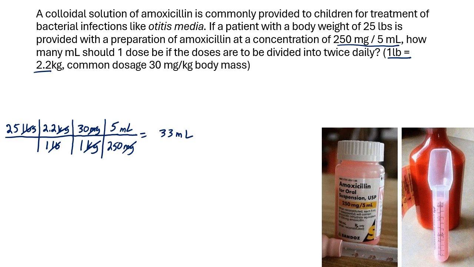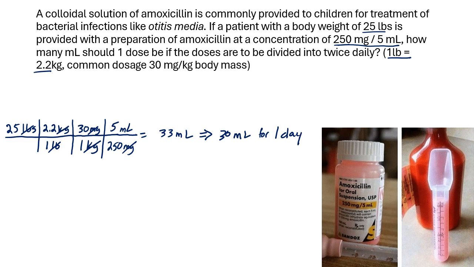And I do notice that some of my measurements here have only 2 sig figs, so I would probably round that to 2 significant figures and say that one dose should be 30 milliliters. But if I'm being very careful, that would be 30 milliliters for 1 whole day.